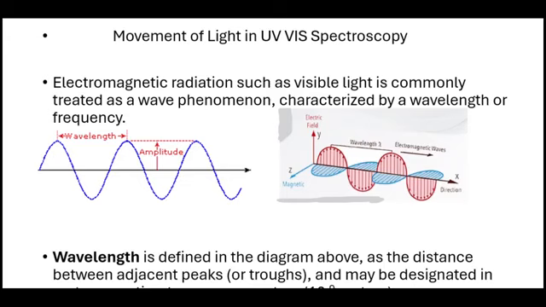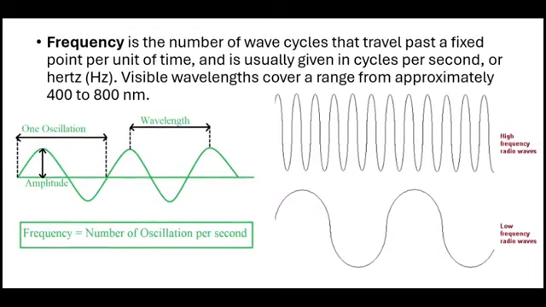The wavelength is defined in the diagram above as the distance between adjacent peaks or troughs, and may be designated in meters, centimeters, and nanometers. Frequency is the number of wave cycles that travel past a fixed point per unit of time and is usually given in cycles per second, or hertz.